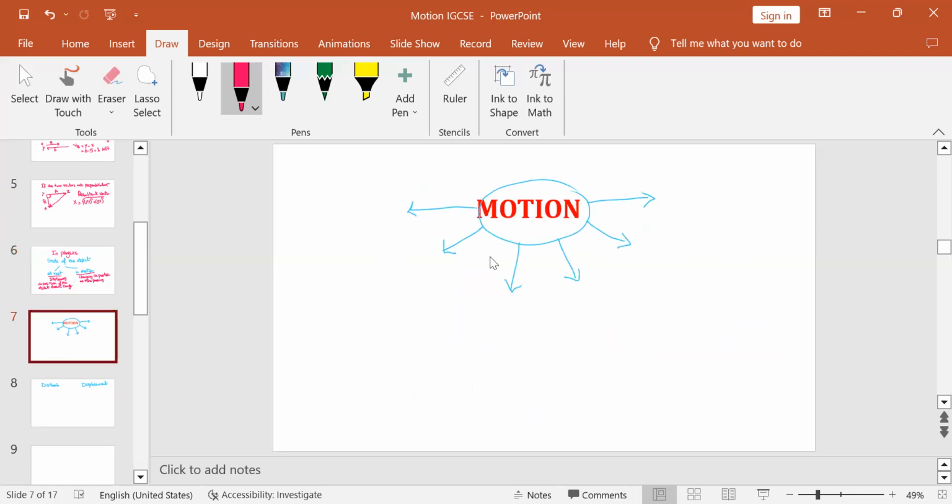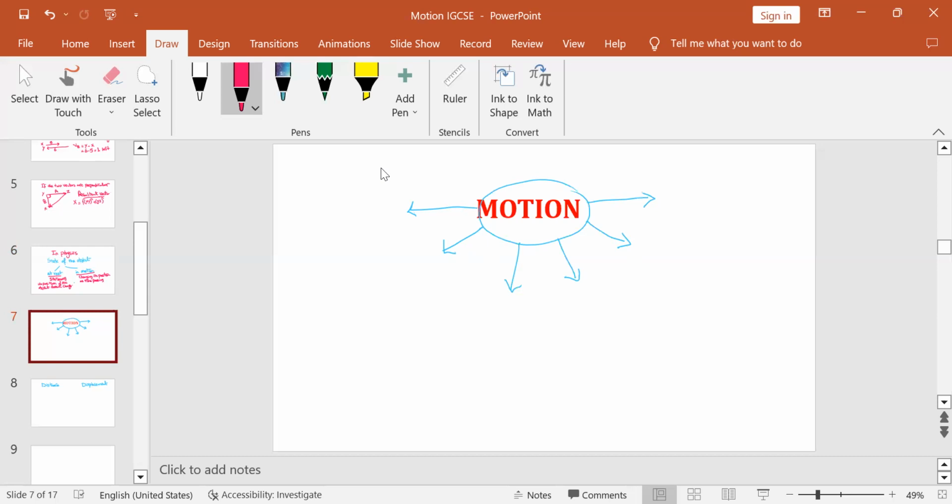When we talk about motion, what are the terms we use when we describe the motion of the object?